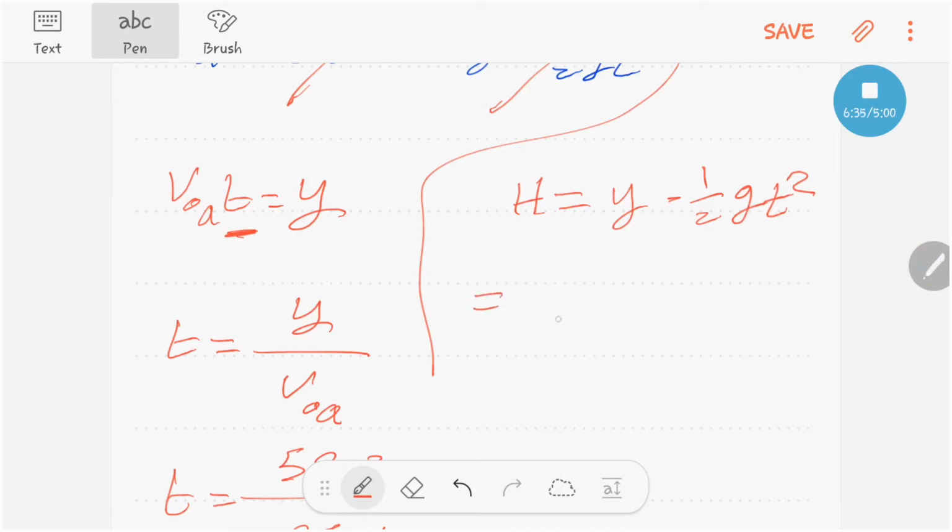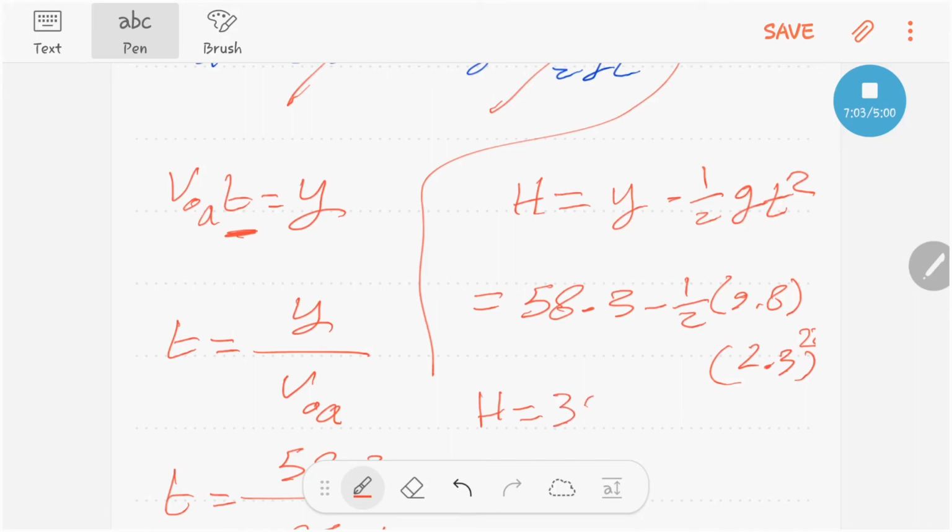H equals 58.3 minus half times 9.8 times t, which is 2.3, squared. By the calculator, the H spot is 23.3 meters. By that we have calculated the time and the H spot.